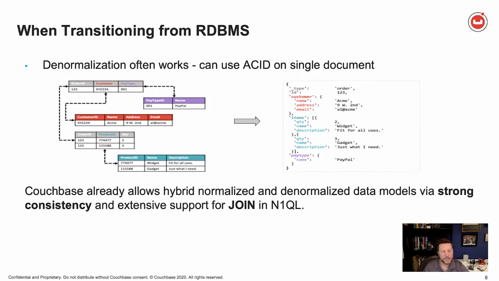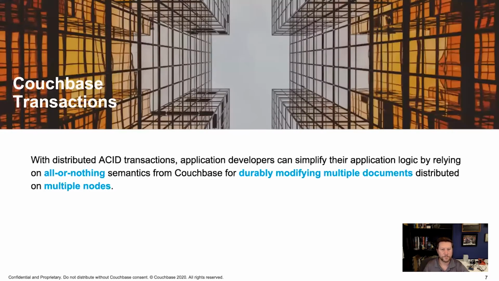There have been situations in the past where people needed to have a relational database to carry out some of the ACID types of things and then just represent a subset of the data in Couchbase, but that's no longer the case now that we have distributed ACID transactions in Couchbase.